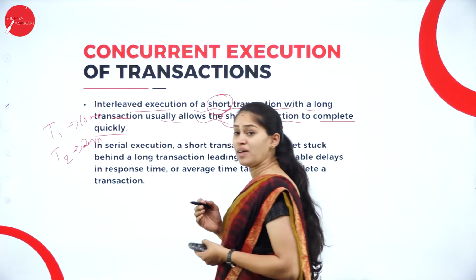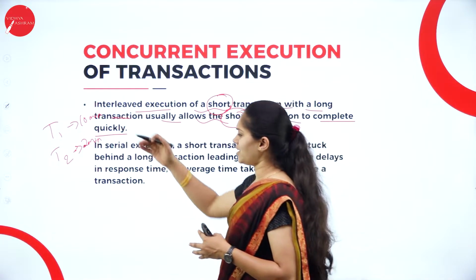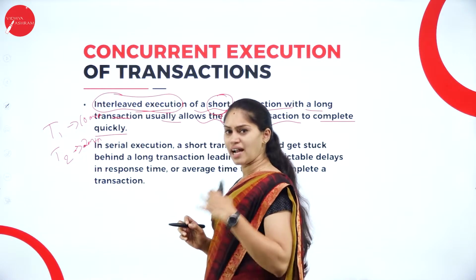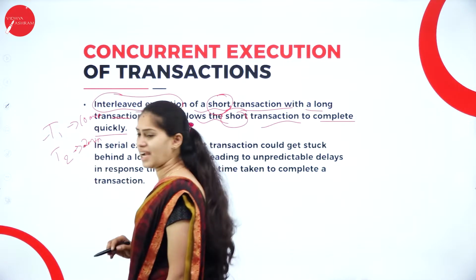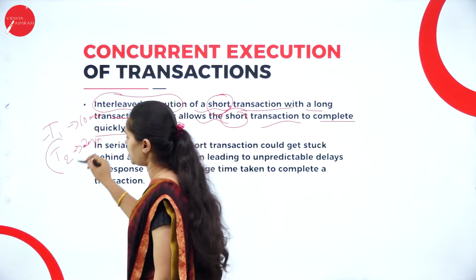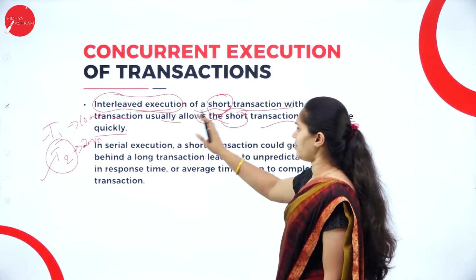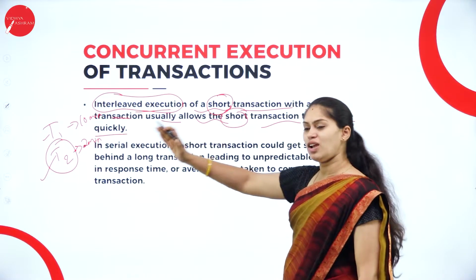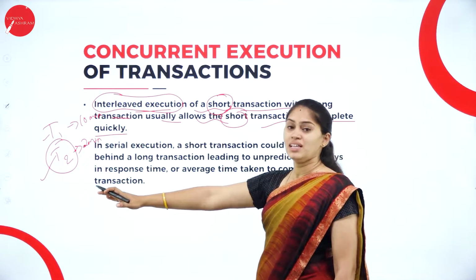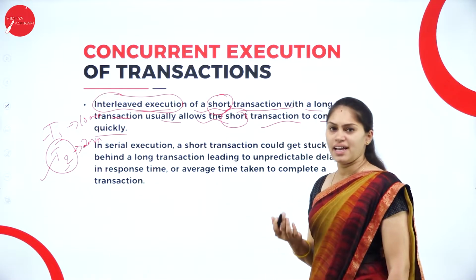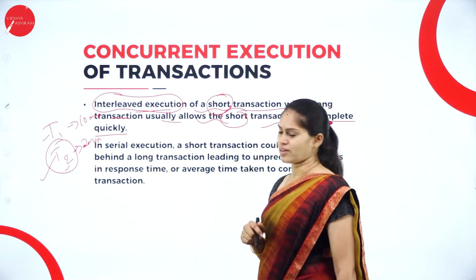When I am combining T1 and T2, that is, when we have this interleaved execution, instead of T1 getting executed first, T2 will be executed. So when we interleave a short transaction with a long transaction, there is a chance that the short transaction executes more quickly than the long transaction.